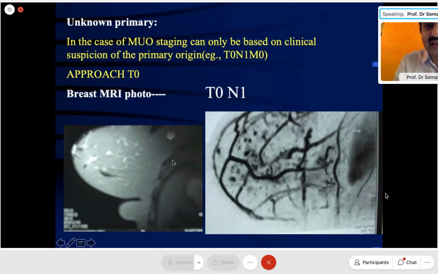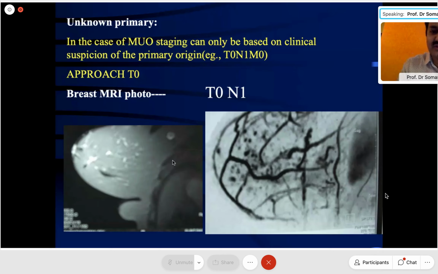A lady comes with an axillary node, you do ultrasound guided core biopsy, they say adenocarcinoma, ductal carcinoma. You examine the breast, nothing found. Mammogram done, nothing found. Ultrasound breast done, nothing found. Then the investigation of choice is what? MRI. It is stated that MRI with breast coil, if you do MRI breast in an axillary node, 70% it can show the occult primary in the breast, usually in the upper outer quadrant or axillary tail.